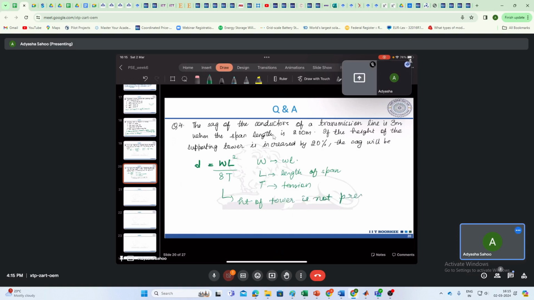That means sag is independent of height of supporting tower. So it will remain the same.